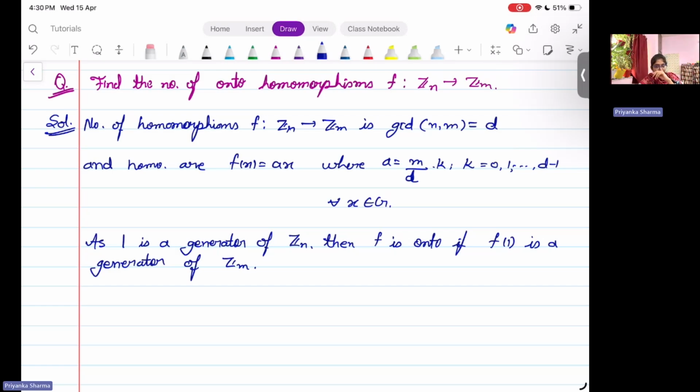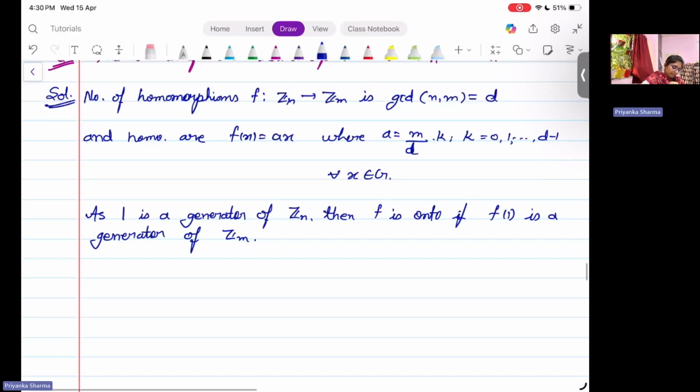That is, if f of 1 generates Zm, then we say that f is an onto homomorphism in this setup.